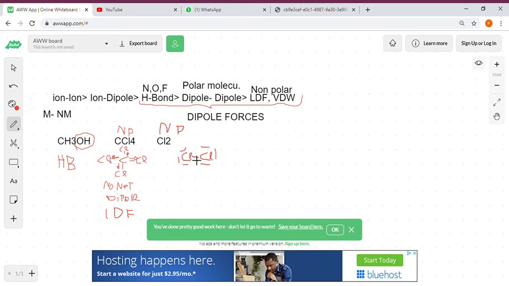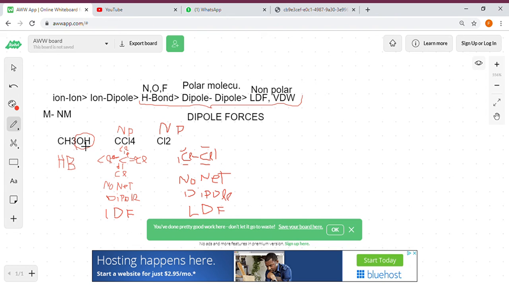I'm not gonna do the arrows because this drawing is kind of short. They are the same. It has no net dipole. So it's gonna be a London dispersion force or the van der Waals force.